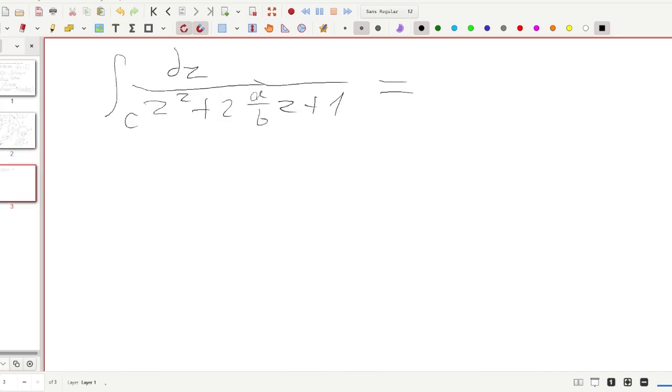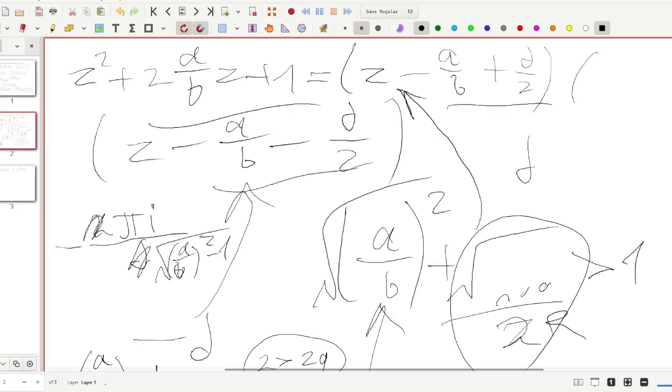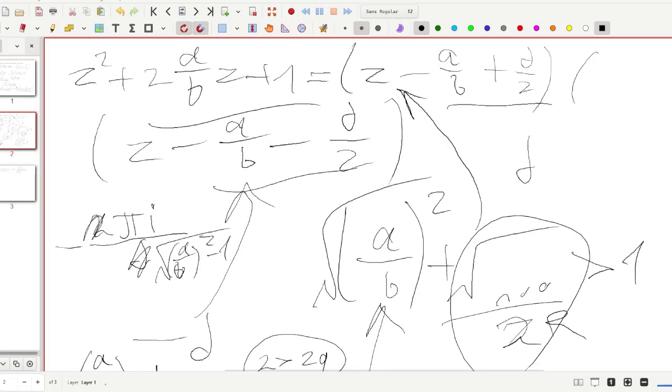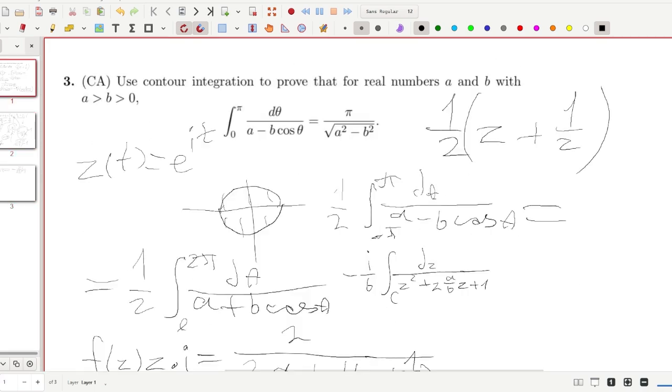It's going to be equal to negative pi I over root of a over b squared minus 1.